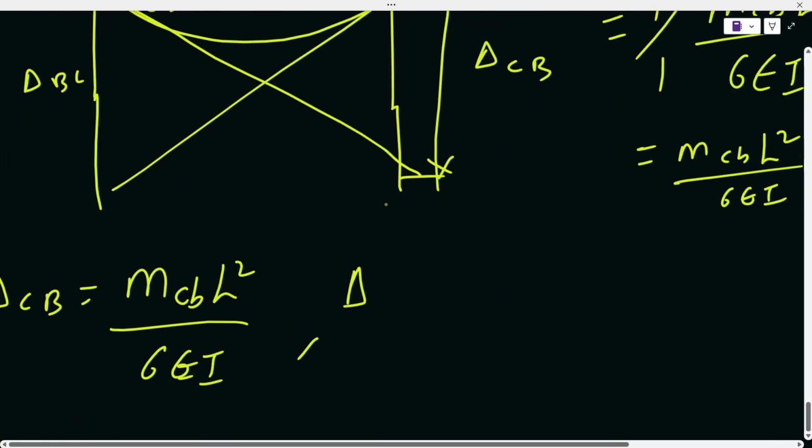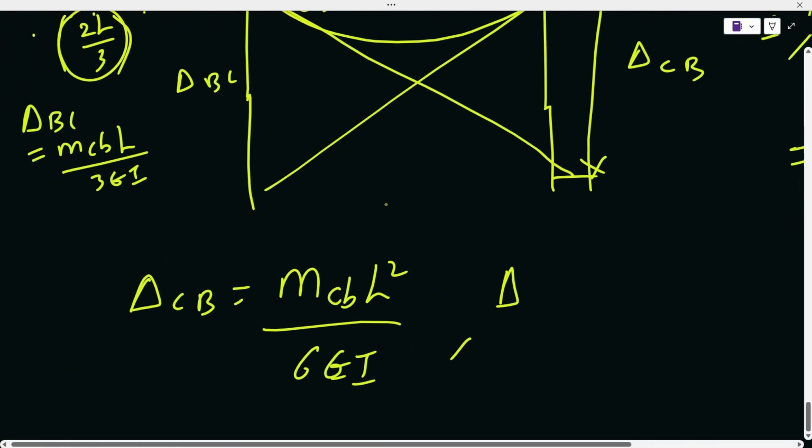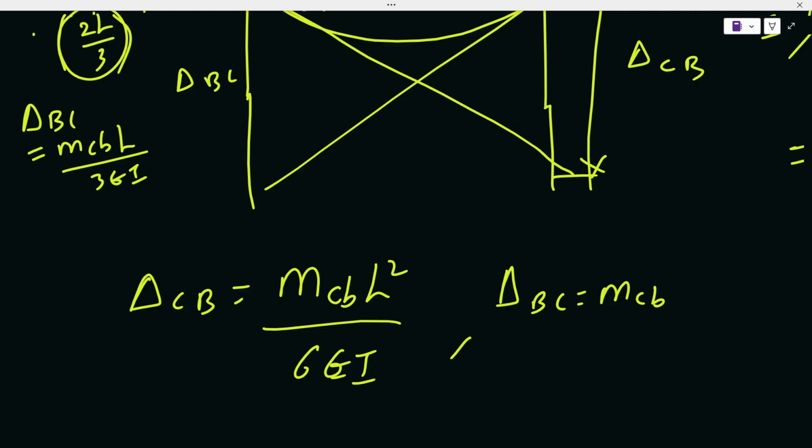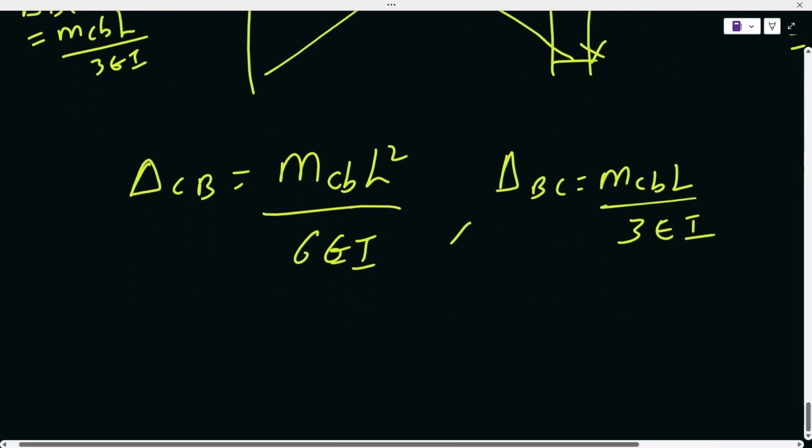Forgive me for the mistakes. So that's delta CB, and delta BC is MCB L square over 3EI. Simple.